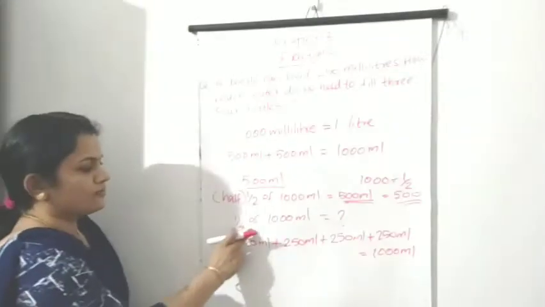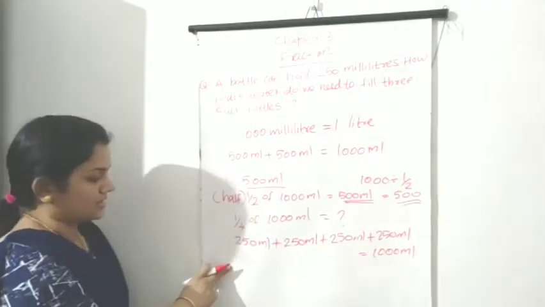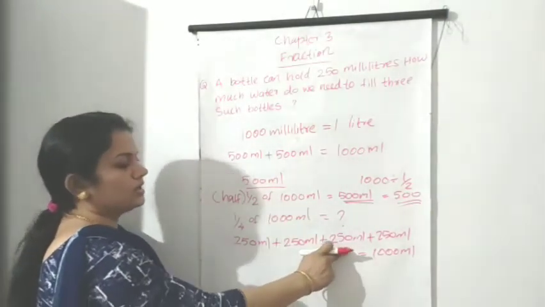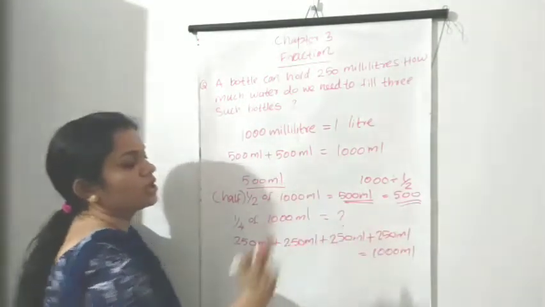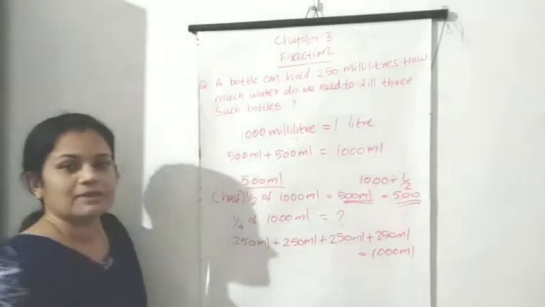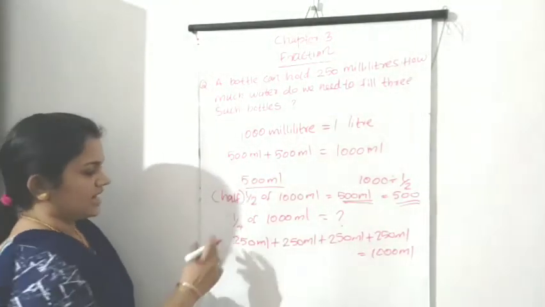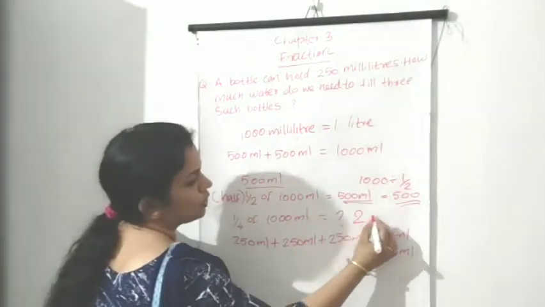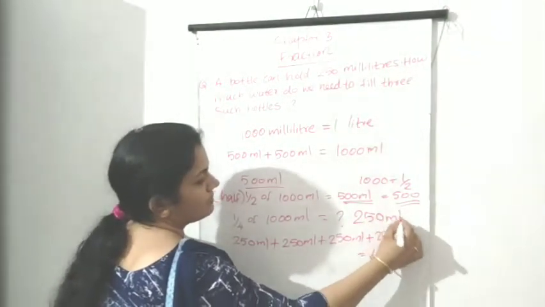How to write 1 by 4 of 1000 milliliter? Like this: 250 plus 250 plus 250 plus 250 equal to 1000 milliliter. So we can say that 1 by 4 of 1000 milliliter equal to 250 milliliter.